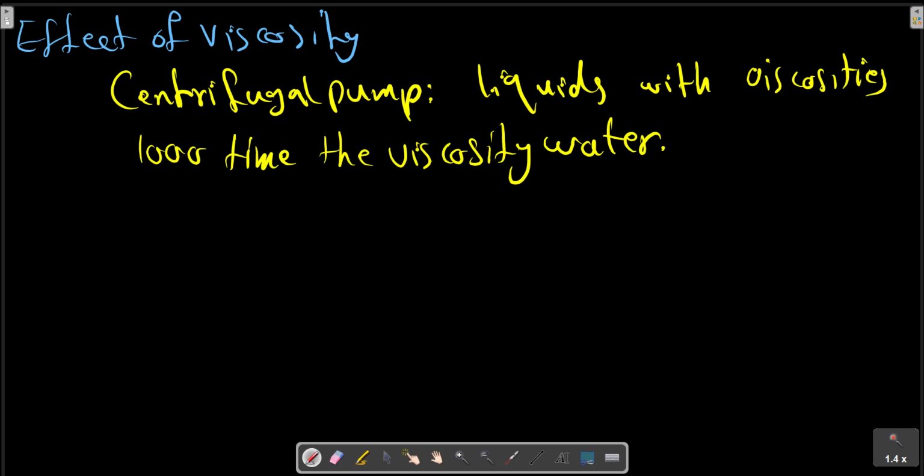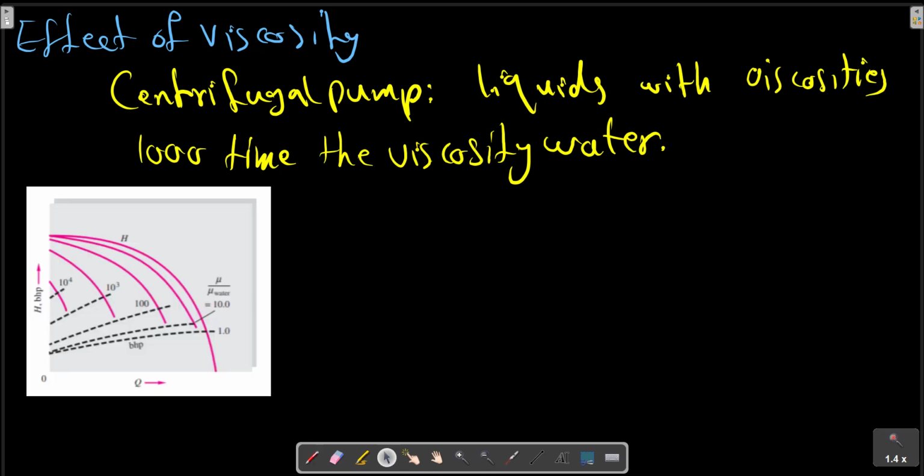This figure shows typical test curves of head and brake horsepower versus discharge. High viscosity causes a dramatic drop in head and discharge and increases the power requirement.